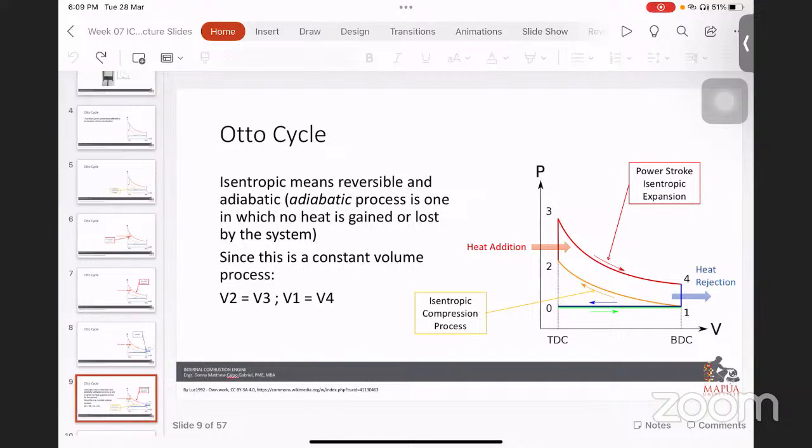So when you are going from point 1 to point 2, there is no heat gained, and when you're going from point 3 to point 4, there is no heat loss. Since we are a constant volume process, yung volume at point 2 and volume at point 3 is equal. Kaya vertical yung line niya. Same goes with volume at point 1 and the volume at point 4. It is also equal.